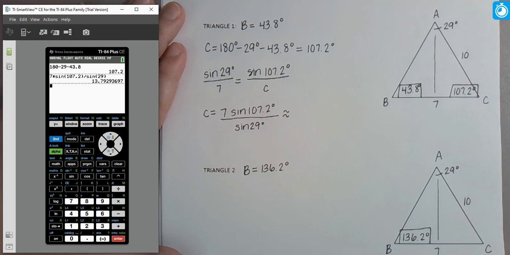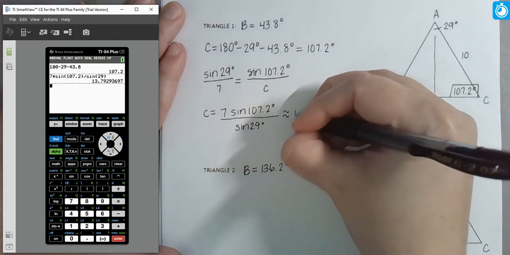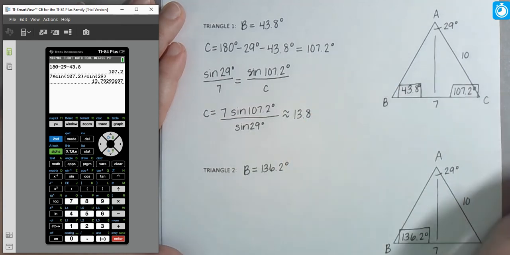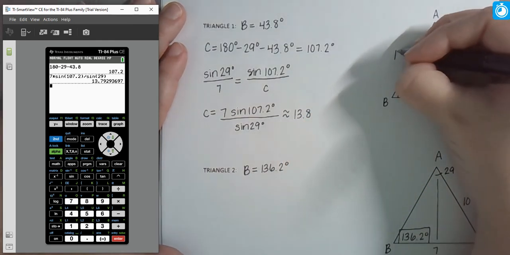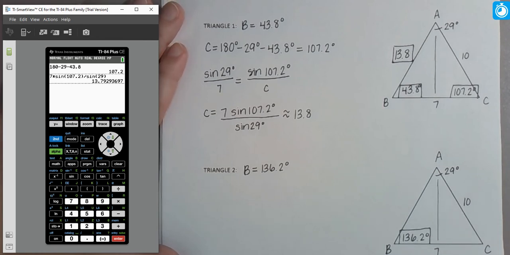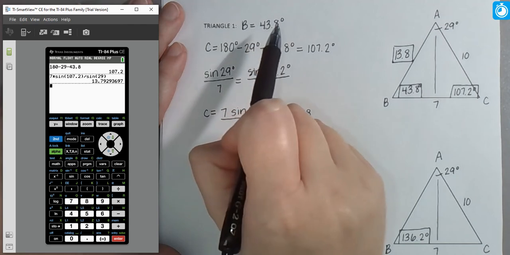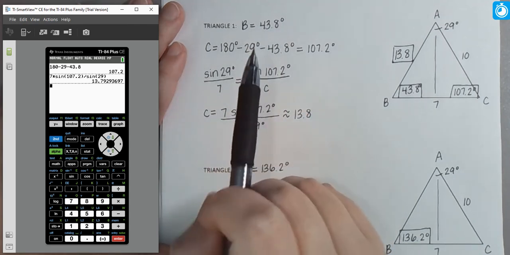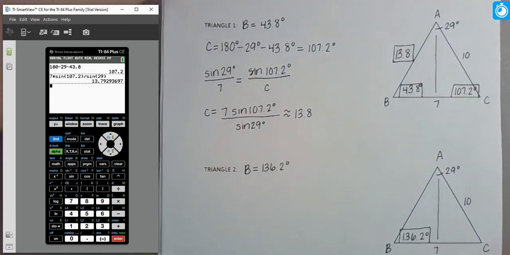And sure enough, we get the largest side, so 13.8 units, roughly. So that is going to be our final side in this case. So that additional triplet of information represents our first triangle. And again, that resulted from the smaller value for B, the value that resulted directly from the inverse sine function.